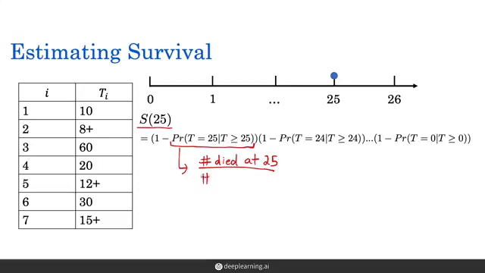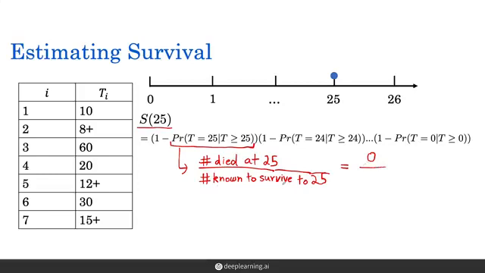So this is going to be the number known to survive to 25. So we can estimate this quantity directly from data by looking at the number of patients who died at 25. And we see that no patients died exactly at time 25, so our numerator is 0.